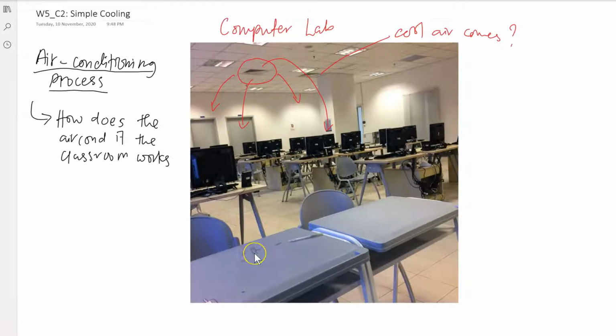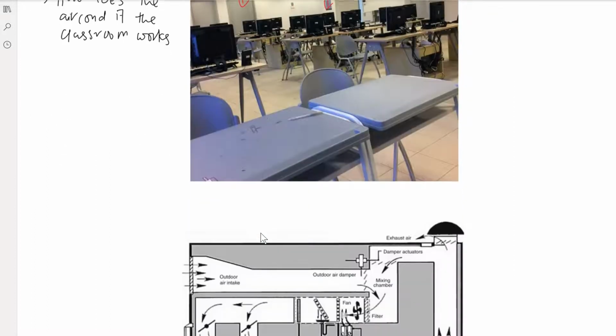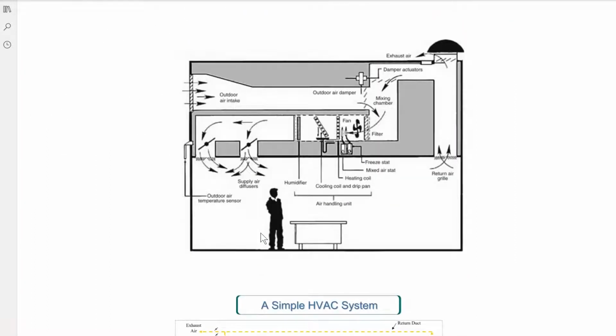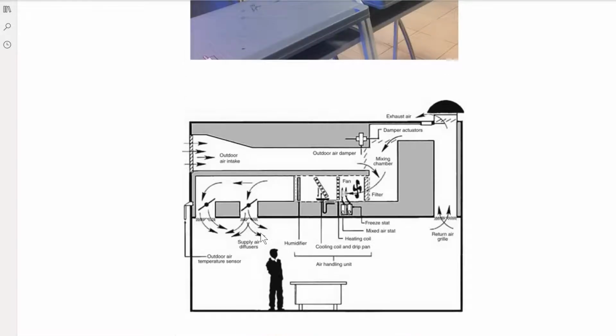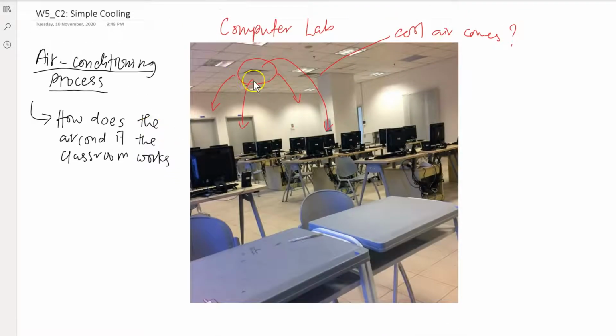So if we take this view into this kind of representation of a diagram, you will see that this is the classroom area, and you have the supply air diffuser, which is what happens in here.